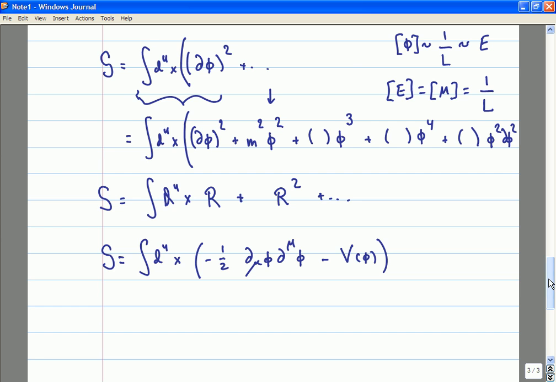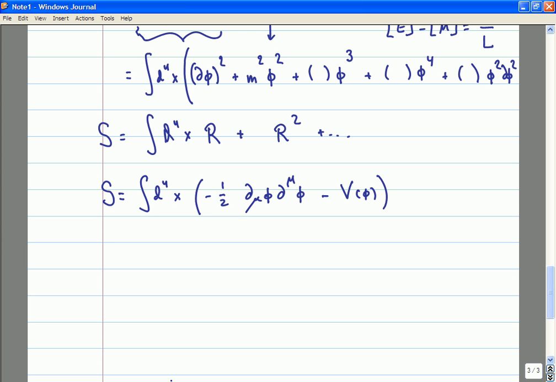So what are the equations of motion for phi? Well, we just take the variational derivative of the action with respect to phi, which is the sum of two terms. So it's the derivative of the Lagrangian with respect to phi minus the derivative of the Lagrangian with respect to d mu phi.